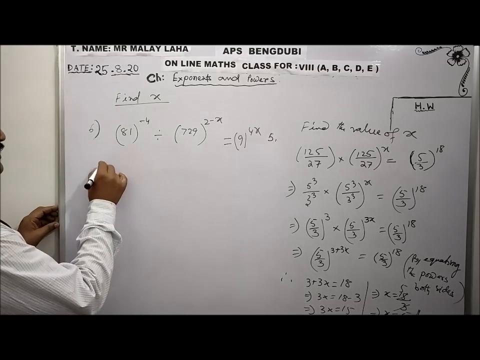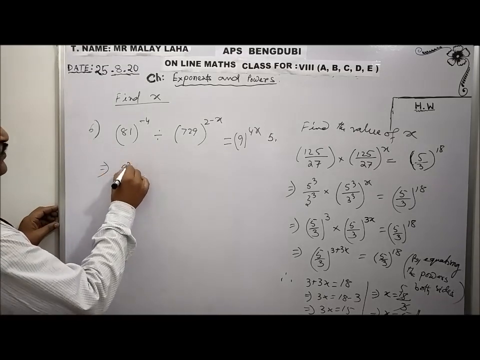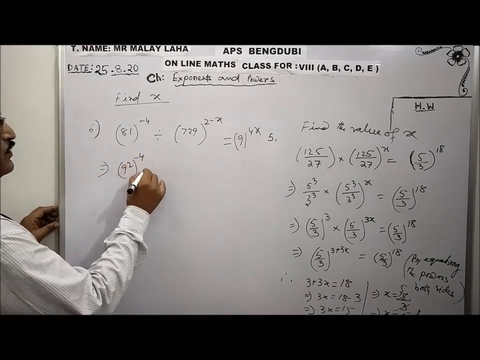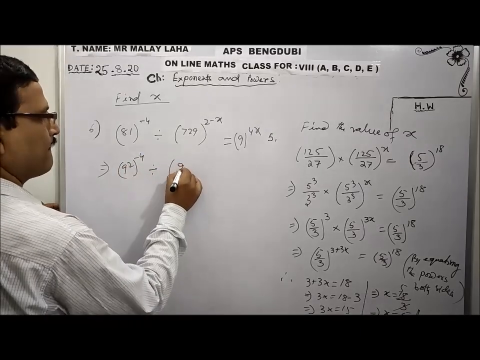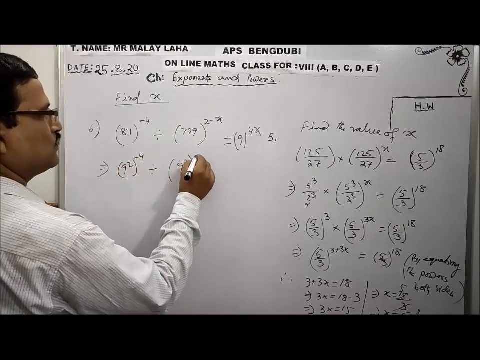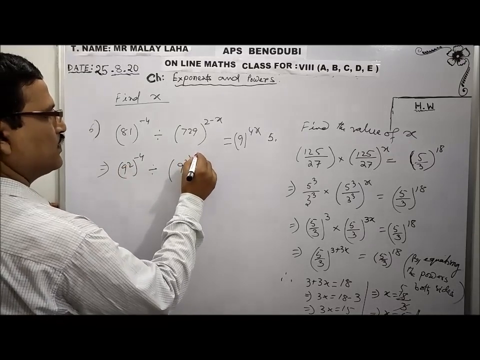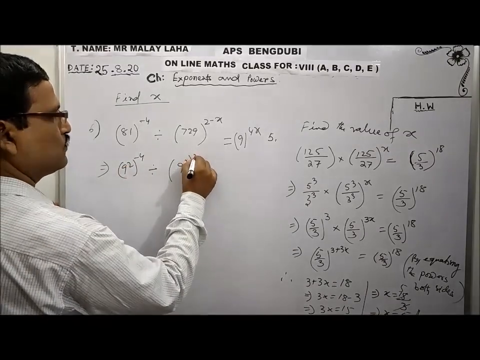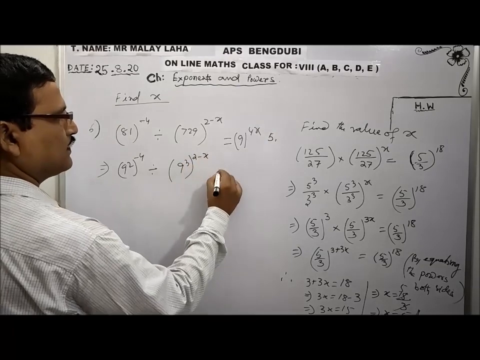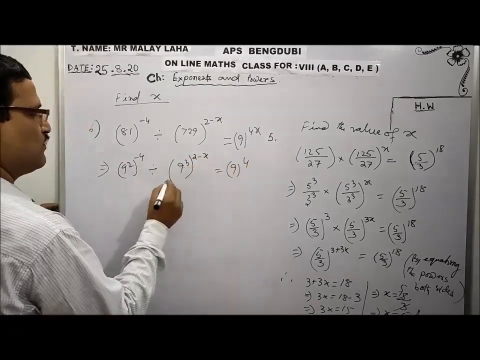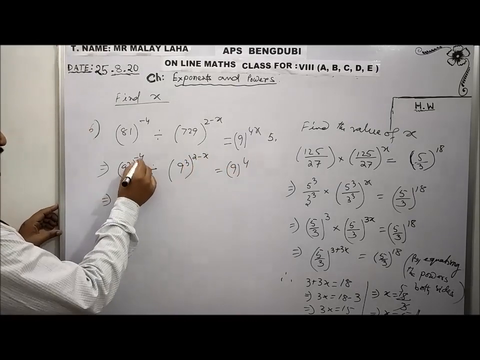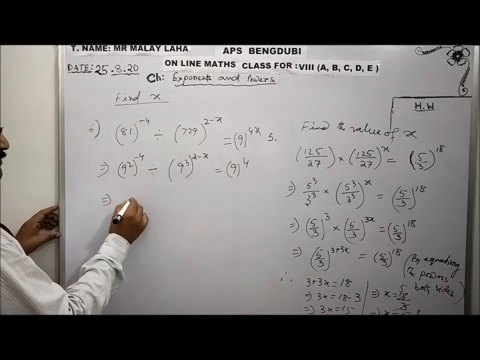So now it will be 9 square raised to minus 4 divided by 9 cube raised to 2 minus x, that equals to 9 raised to 4x. You have to calculate nicely. So inner power, outer power, what I said, multiply.